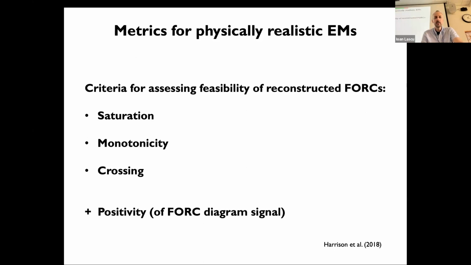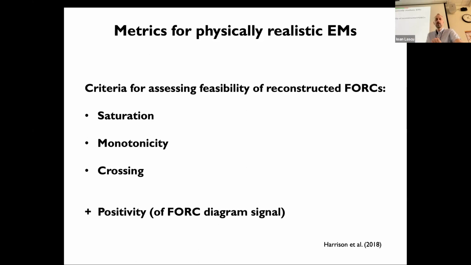The 4th metric for physically realistic end members is positivity of the fork diagram signal. So as we've seen in single domain, in the samples dominated by a lot of single domain particles, you'll have these negative regions. But in some cases, you don't necessarily have negative signal in the fork diagram.